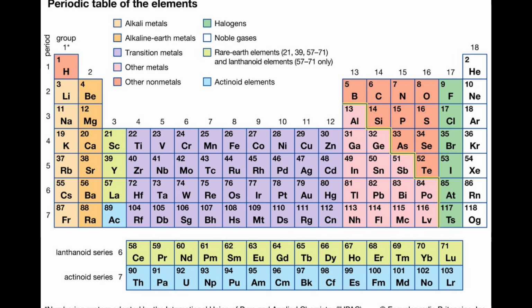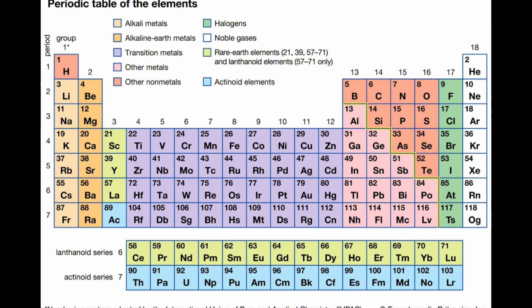So hydrogen, 1 shell, right? Then the next element under will have 2 shells, which is lithium. And then the next one will have 3 shells, which is sodium. So coming down the group, they have the same amount of electrons on their outer shell, but they have 1 more shell each time, right?